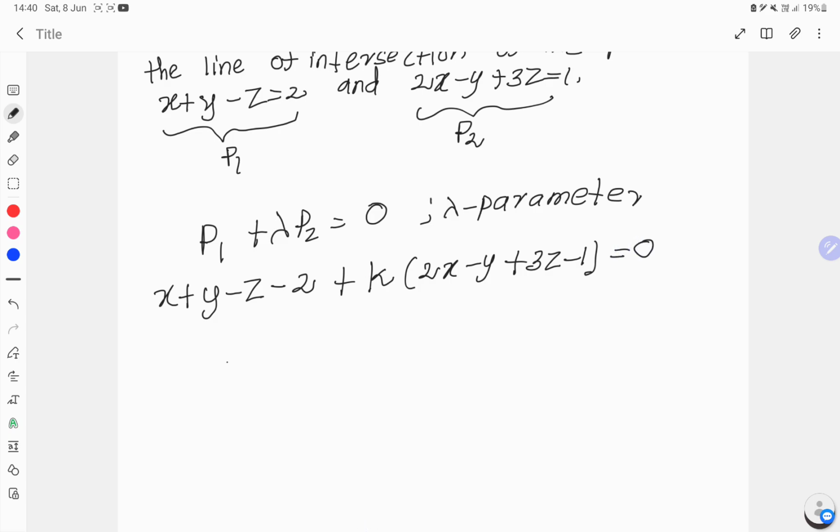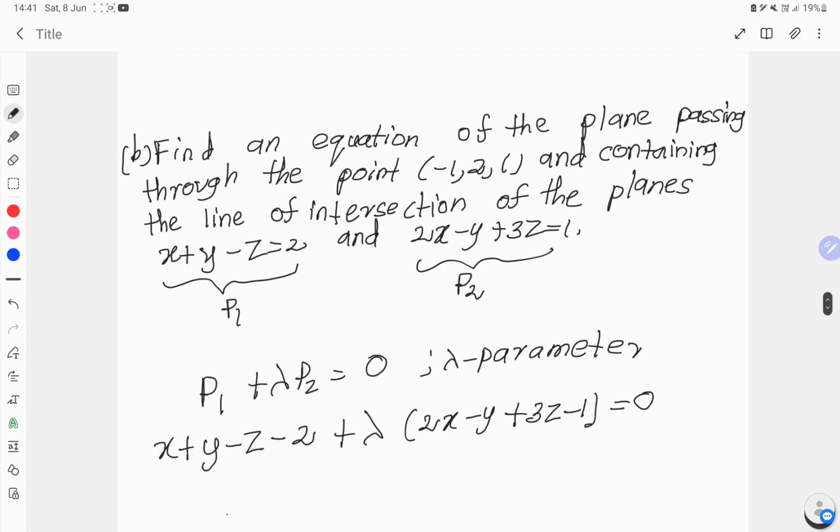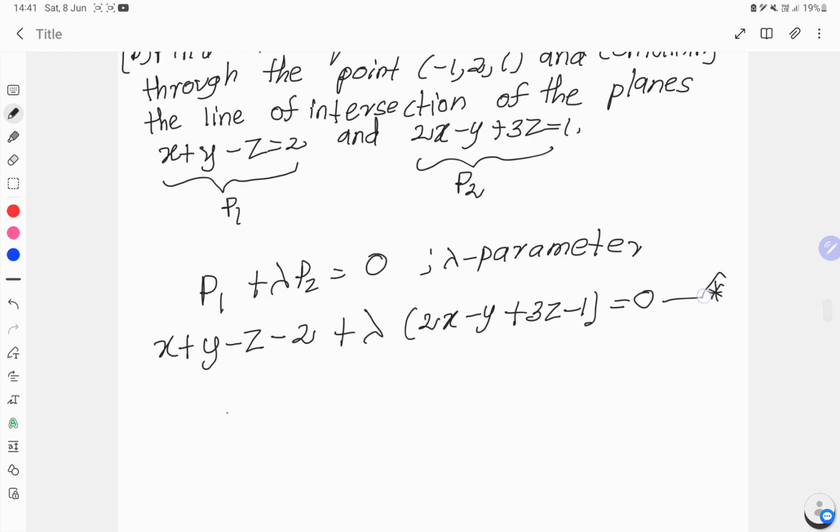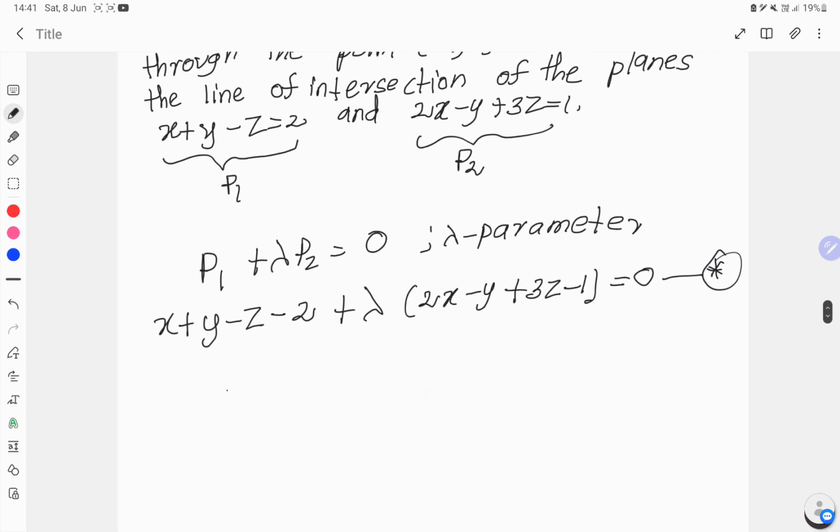Therefore, this plane passes through the point minus 1, 2, 1. Therefore, we substitute this point in the star. X equal minus 1, y equal 2, z equal 1: minus 2 plus lambda into minus 2 plus 3 minus 1 equals 0.